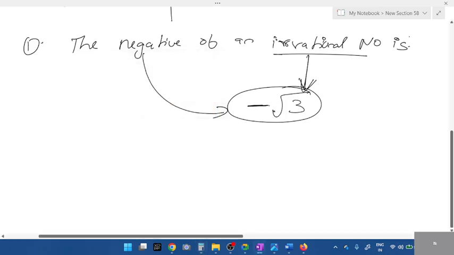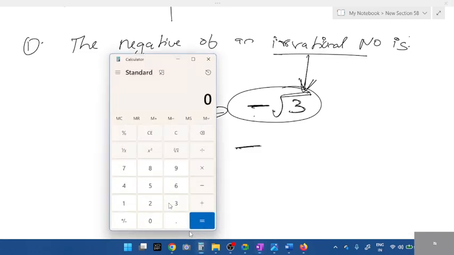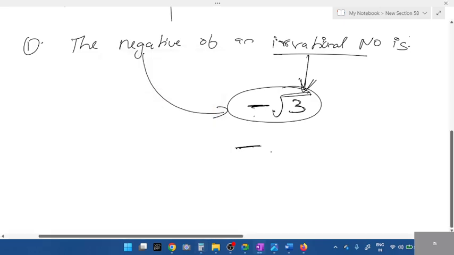Minus root 3, minus will remain as it is. And for root 3, you get values like 1.732, it is still a negative value. So the negative of an irrational number, minus root 3, is still an irrational number.